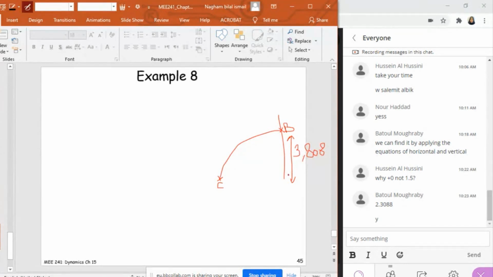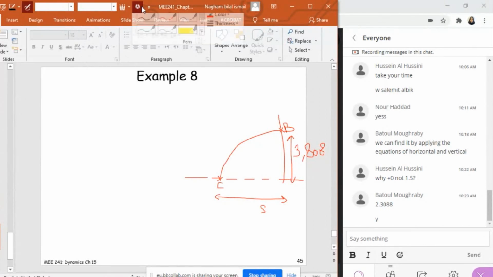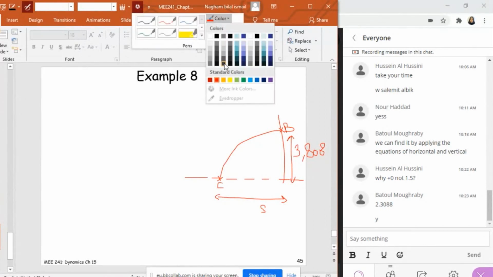All right, so that's why I found YB. Okay, now you have two options: either to take your reference at C and then YB will be positive 3.808, or to take your reference at B and then YB will be 0 while YC will be negative. So it's up to you. The question is, in fact, to find this S. So here, guys, I have only to apply the equation of projectile. So where do you want to take the reference?